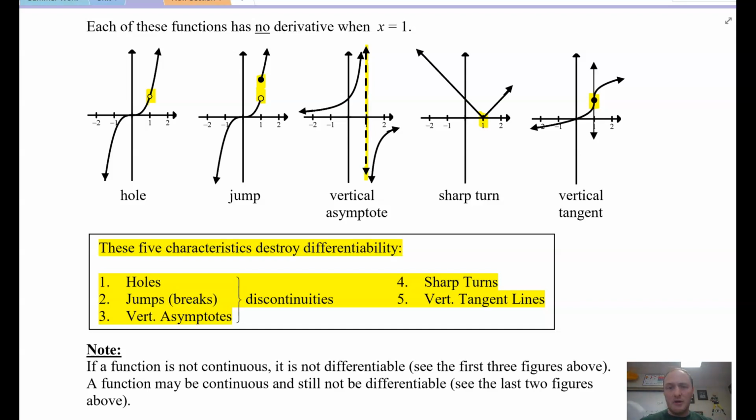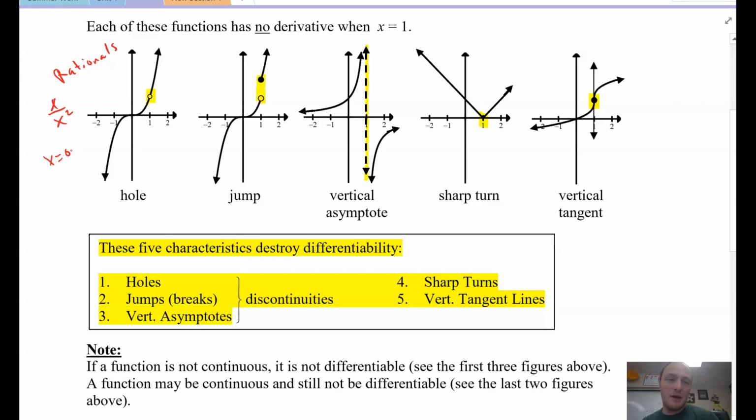I want to talk about this. How do I know if I have non-differentiability? Well, for a hole, these are going to pop up in rational functions, something like 1 over x. Or sorry, this is not true. They do pop up in rationals, but something like x over x squared would produce a hole at x equals 0.